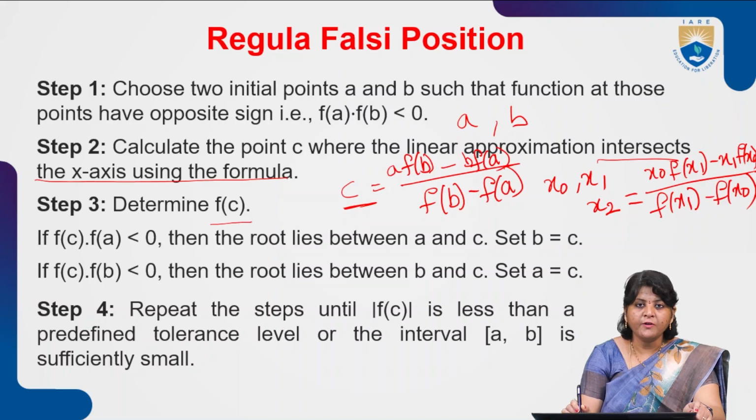Based on the f of c value, the a value and b value, that is the root's initial guesses, will be changed. And step 4, repeat the steps until f of c is less than a predefined tolerance level or the interval a, b is sufficiently small.